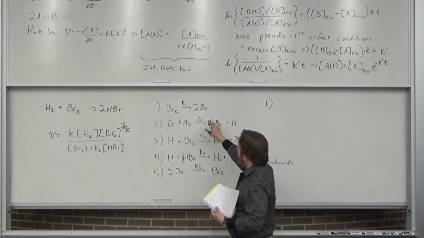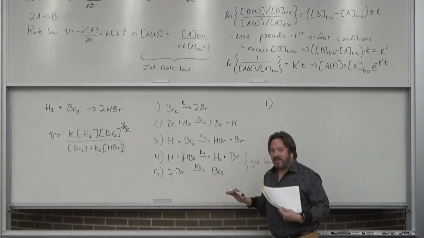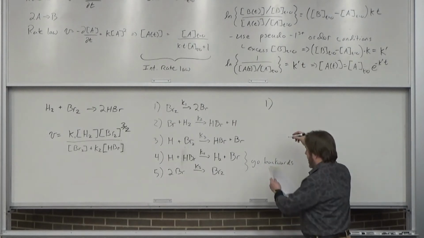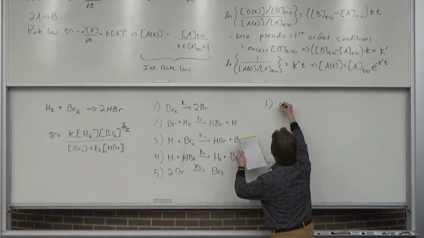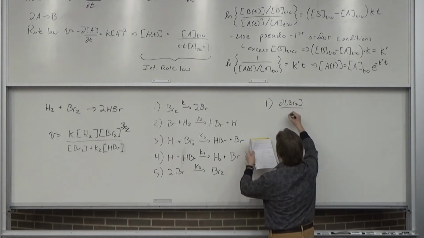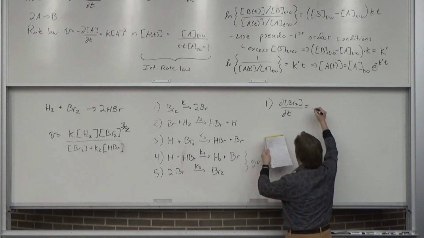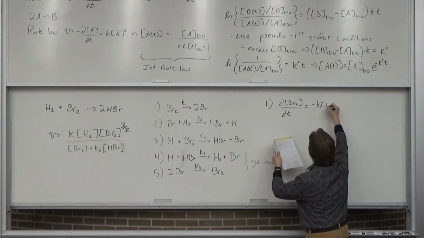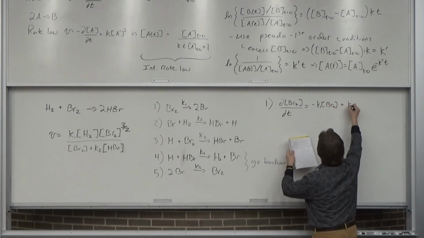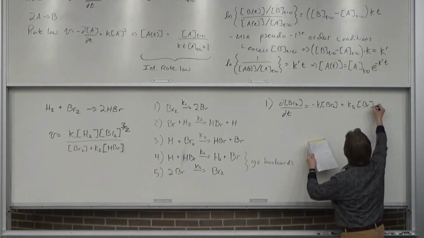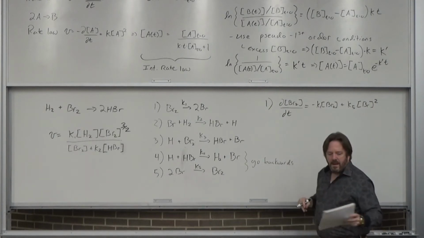Let me back up and see. Now that I know what the elementary reactions are, and I know that these are mechanistic in nature, now I can write down the rate laws. Okay, so the first one, now Br2 is a reagent, and I'll bring that minus sign. Here's another detail that I've actually glossed over. We'll spend a little bit of time on this. So there's a lot to unpack on this one.